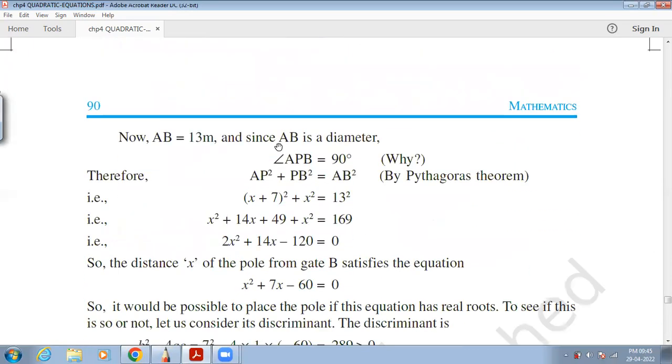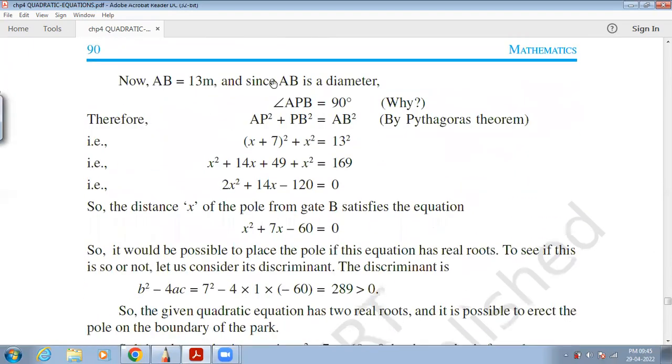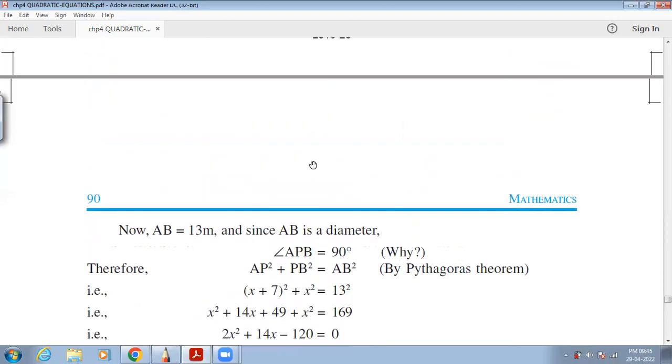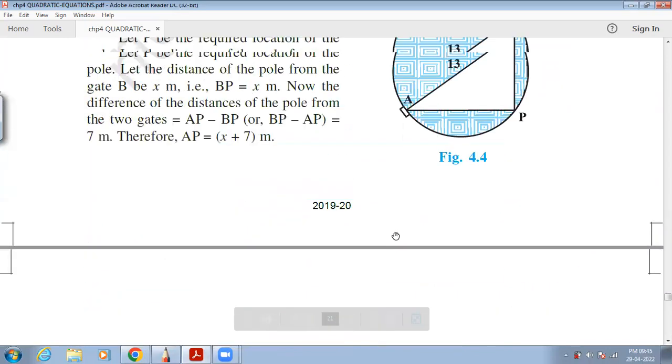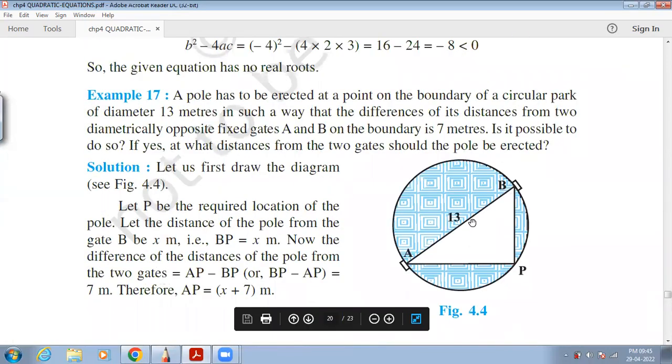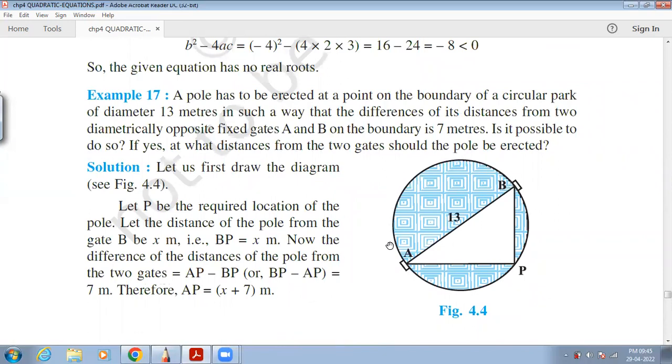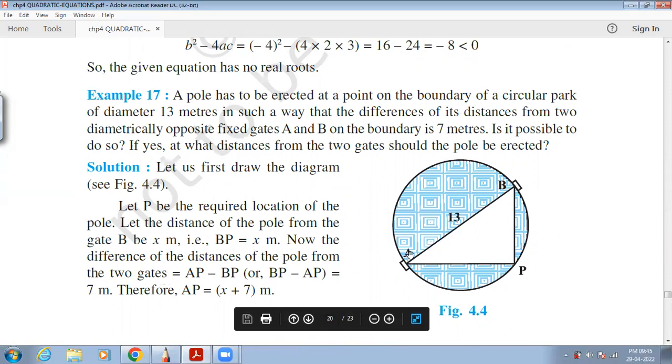Now AB is 13, and since AB is a diameter, angle APB is 90 degrees. Why? Do you remember in your 9th standard, in circles, we studied that an arc subtends at the remaining circle half of whatever angle it subtends at the center.